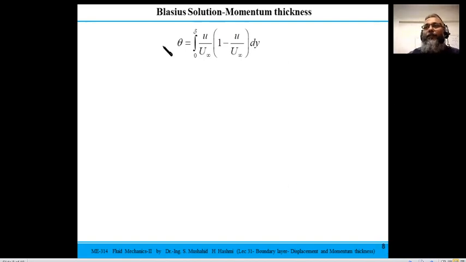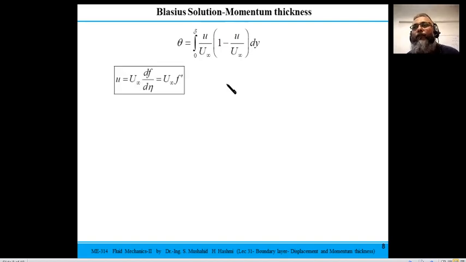Momentum thickness we have defined like this. So if we have knowledge of the velocity profile u over u infinity, and if you integrate it in this y direction, we will be able to calculate this momentum thickness in terms of boundary layer thickness.